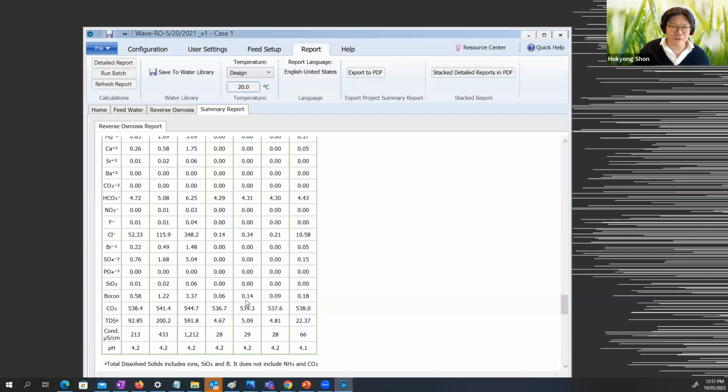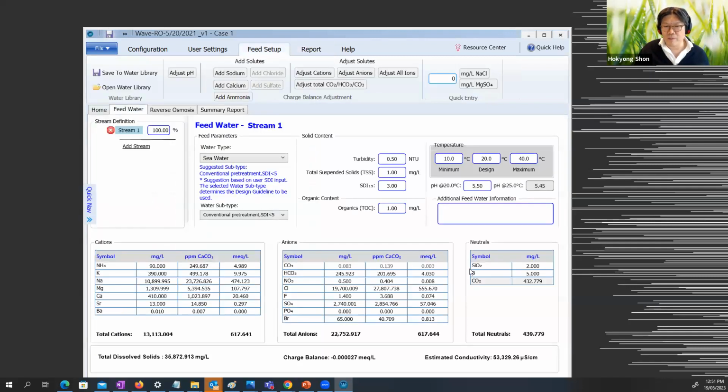So that's how you can respond in your assignment: after the second pass, your concentration reduced from 5 to 0.31 to 0.14. You can change your value in the feed water quality and then look at your final report to see how it changes.